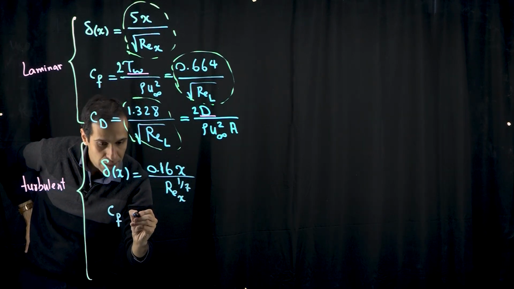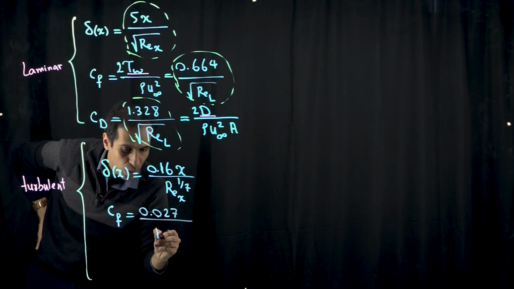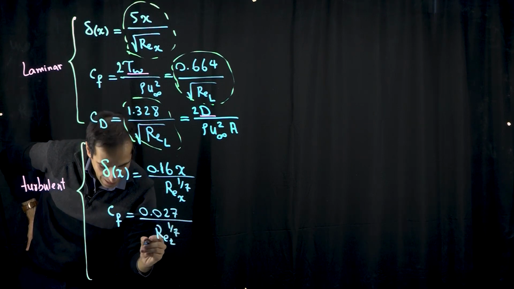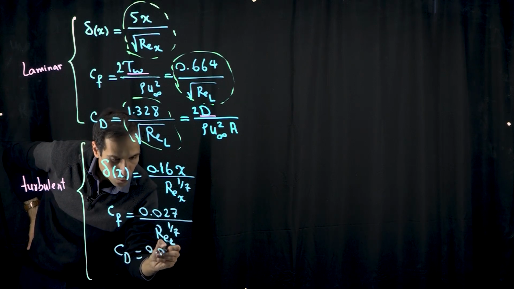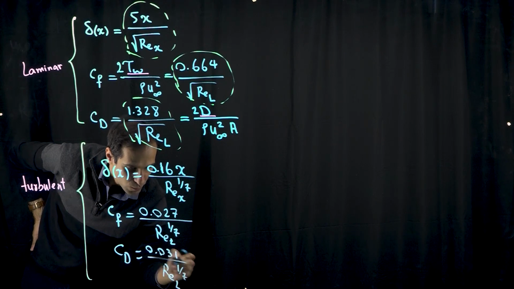CF is 0.027 divided by the same Reynolds value, and CD is 0.031 divided by the same Reynolds value.